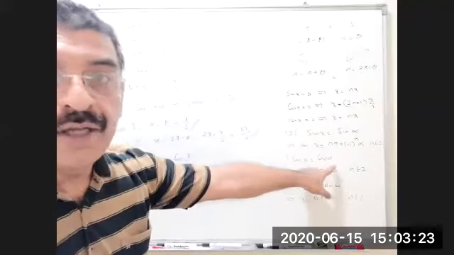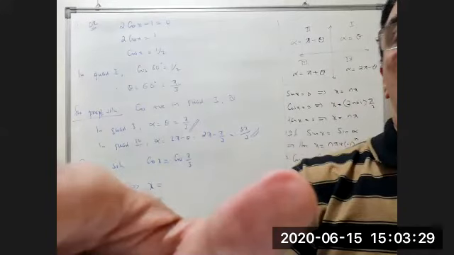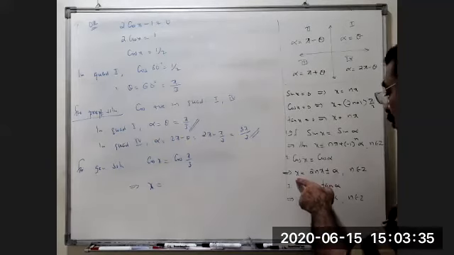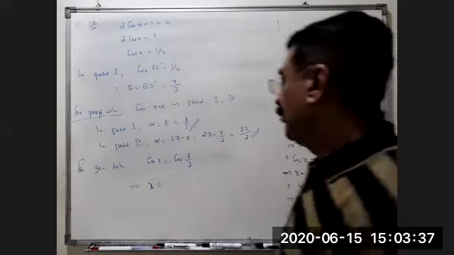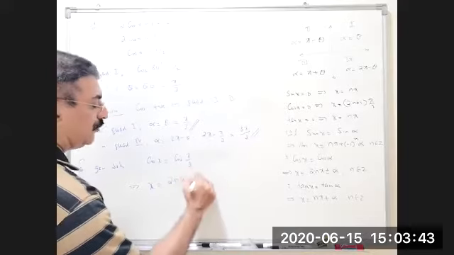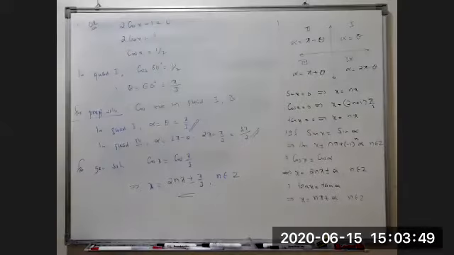If cos x is cos alpha, x is equal to, what's the answer? 2n pi plus or minus alpha, alpha is pi by 3, n belongs to Z. So we have two general solutions for question number 6. First one is (2n plus 1) pi by 4. Second one is 2n pi plus or minus pi by 3.